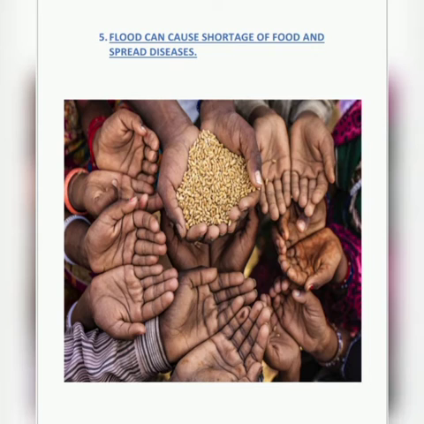That flood can cause shortage of food and spread diseases. When there is flood, there will be less production of food grains, which will bring shortage of food, and it will also spread diseases among human beings. This is also a problem we are facing because of global warming.